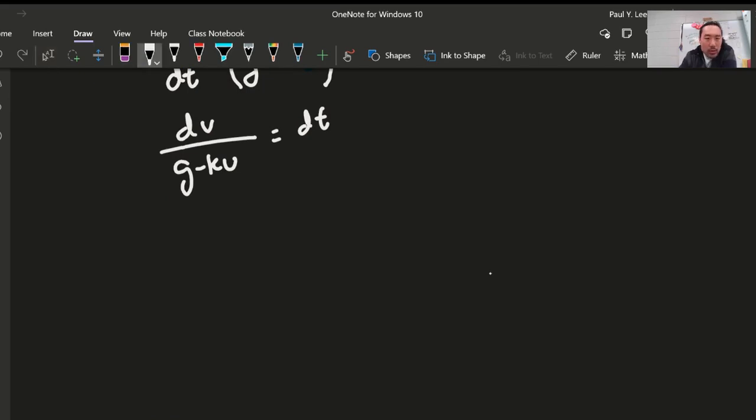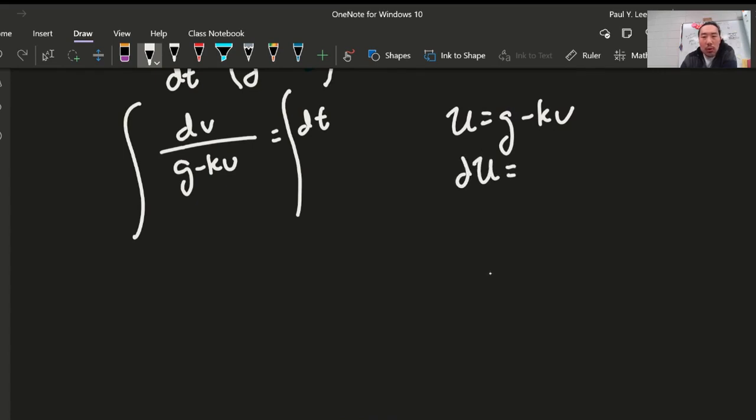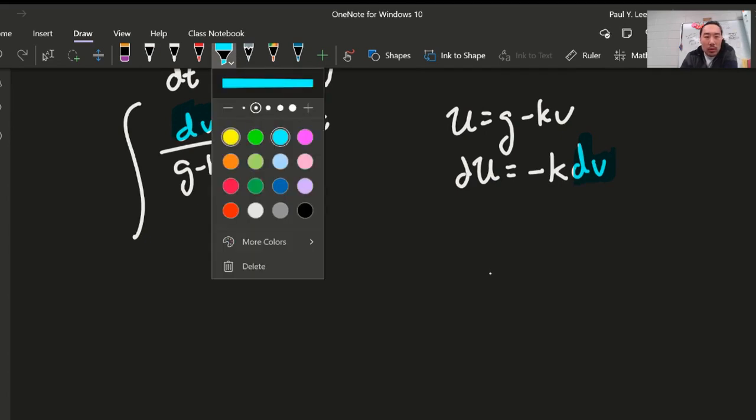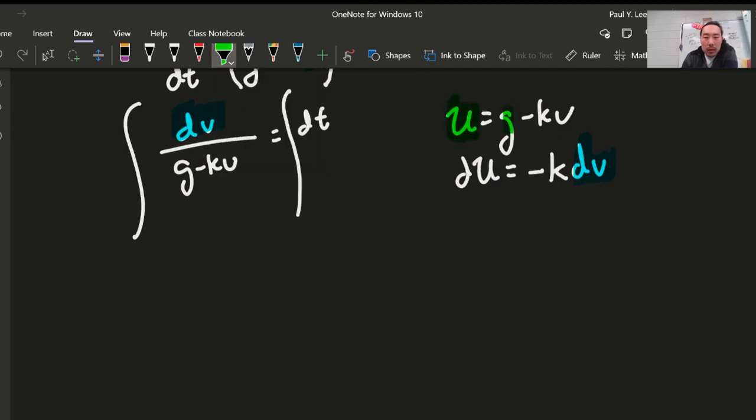But before I do that, in your calculus classes, you learned of a technique called the u substitution, and we're about to do that right here. I'm going to make u equal to g minus kv, and if I take the derivative of both sides, I get du is equal to negative k dv. And so here what we see is our substitution, where this dv in the numerator is right there, and that u that we use for the u sub, g minus kv, will be all in the denominator.